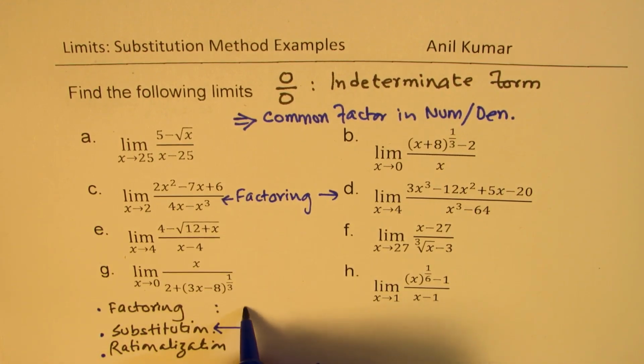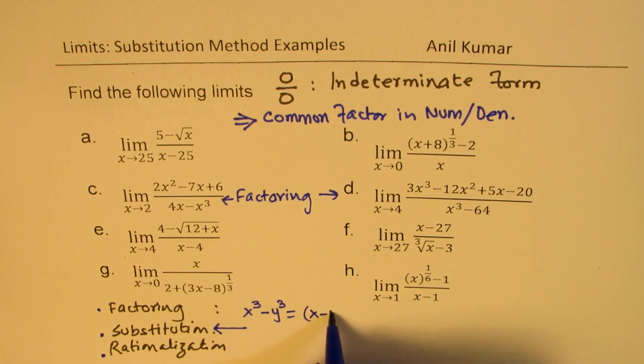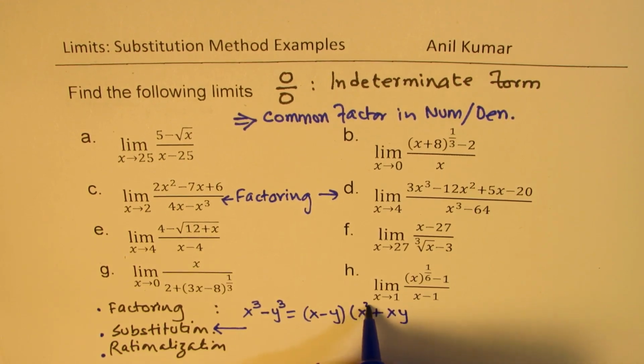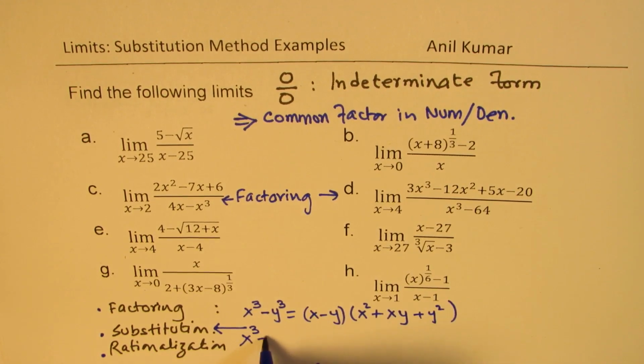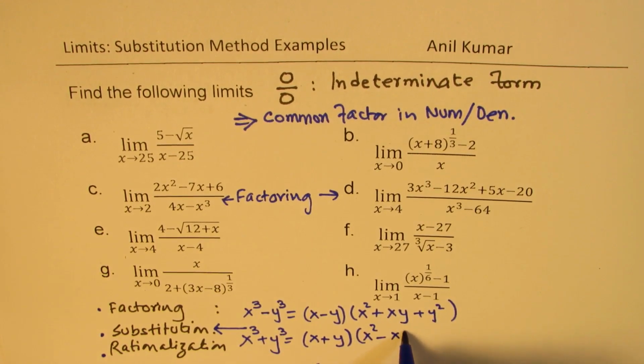You should know what x cubed minus y cubed equals. X cubed minus y cubed is x minus y times x squared plus xy plus y squared. And if we have x cubed plus y cubed, then it can be factored as x plus y times x squared minus xy plus y squared.